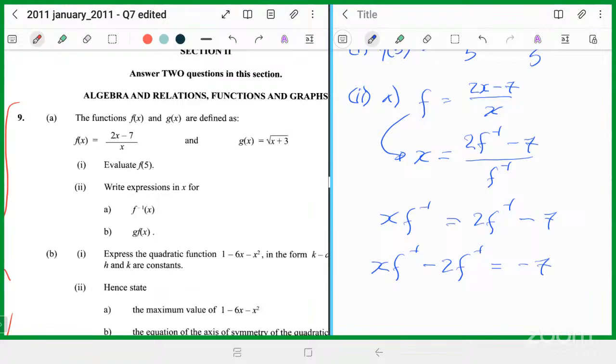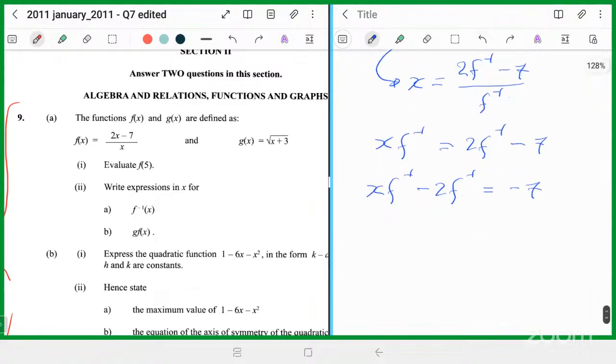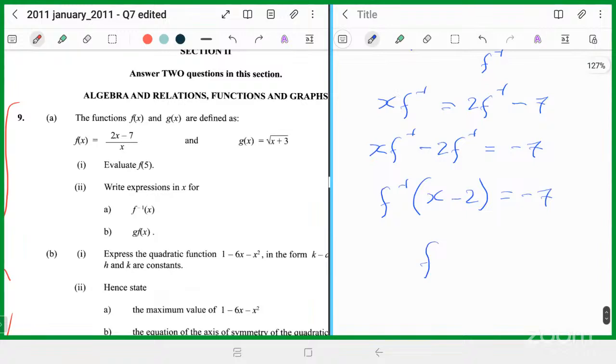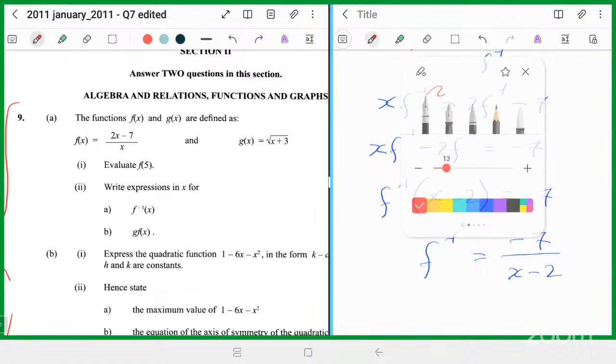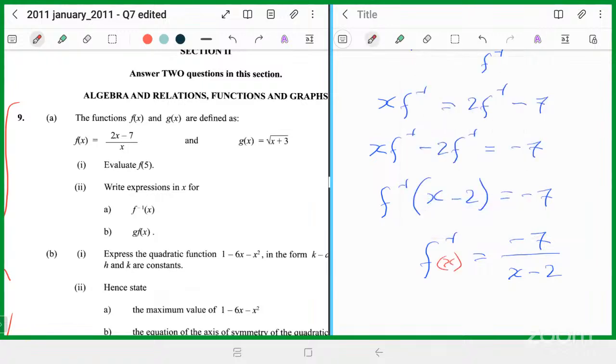Then factorize all the f to the minus 1 out of these two terms. So it becomes f to the minus 1 into, out of this we get the x, out of this we get a minus 2. That equals negative 7. You take x minus 2 and divide it on this side. Shortcut. So f to the minus 1 equals negative 7 over x minus 2. That is f to the minus 1 of x. That is it. Finishes that one.